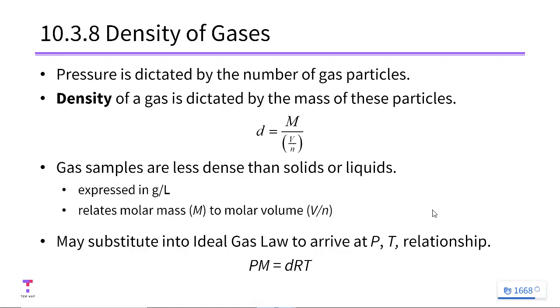But one thing that we do have in common that we can use are moles. From a molar standpoint, I can define a gas by its molar mass. From a molar standpoint, I can also define a gas by its molar volume. And so if I take those two against each other, molar mass divided by molar volume, I would get density.